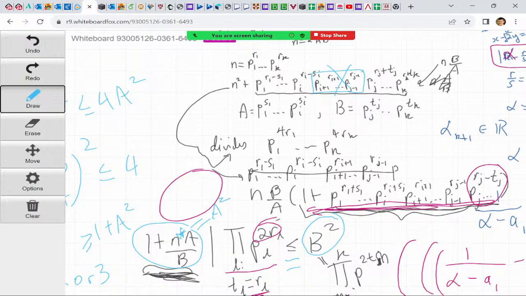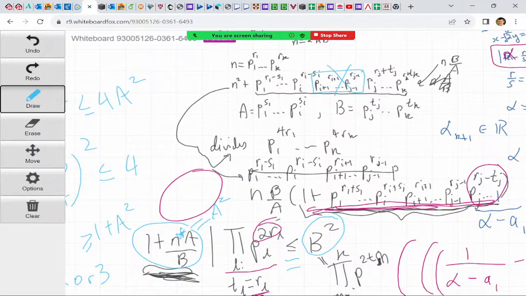Then there are just 2 cases. There's one prime in the b part, and that has to be literally b squared, because it's co-prime with all the a stuff.